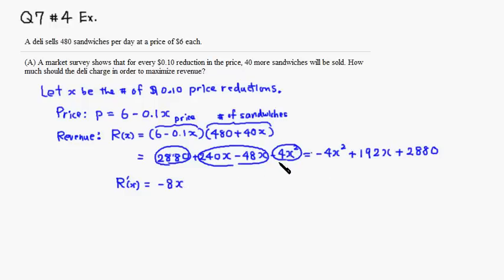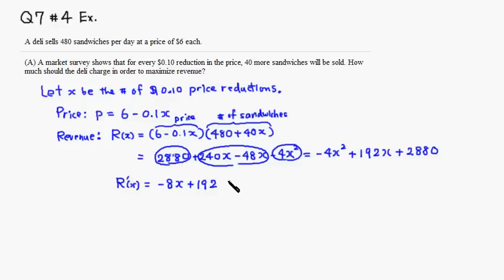Subtract 1 from the power, so it's just going to be x. The derivative of 192x is just 192. And the derivative of 2,880 is 0, since it's a constant.